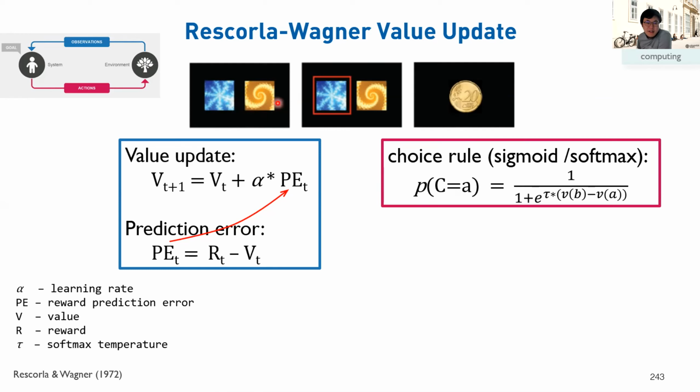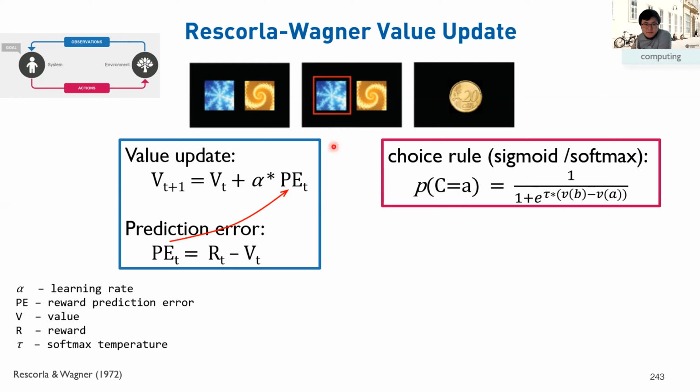Then the participants make a choice and receive the outcome, and then they choose one of the symbols one more time, but this time they can use the previously observed outcome information to update their belief regarding which one they think will lead to a reward and which one will not. And we are trying to model this process using a Rescorla-Wagner value update rule.